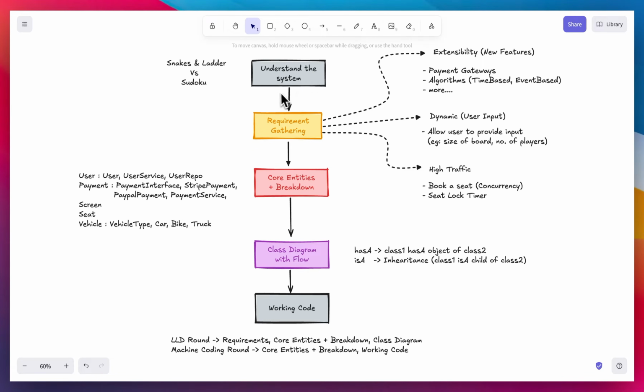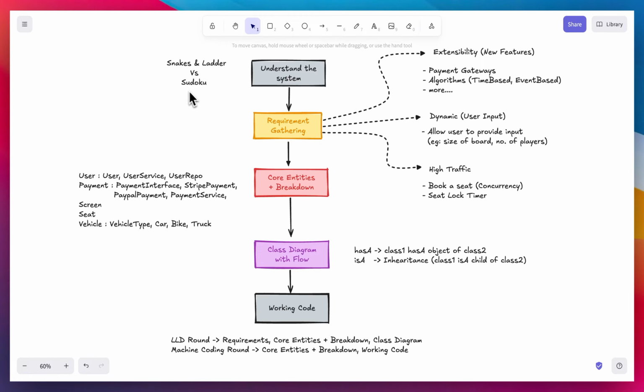The first step is understand the system, and I believe this is one of the important steps because let's assume that I ask you to design snakes and ladder and I also ask you to design Sudoku, then the chances are high that you'd be able to design snakes and ladder because you have definitely played the snakes and ladder in your life, and the chances of you having played the Sudoku is comparatively less.